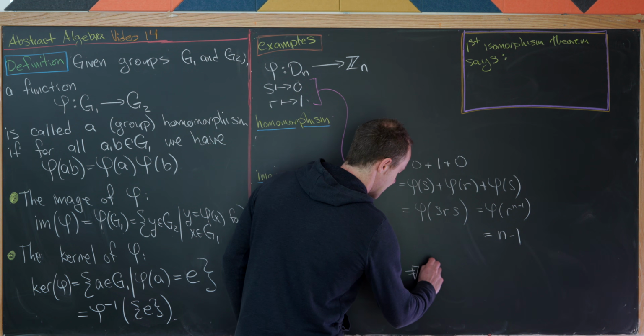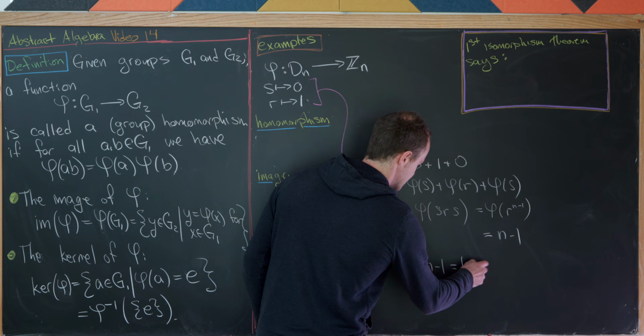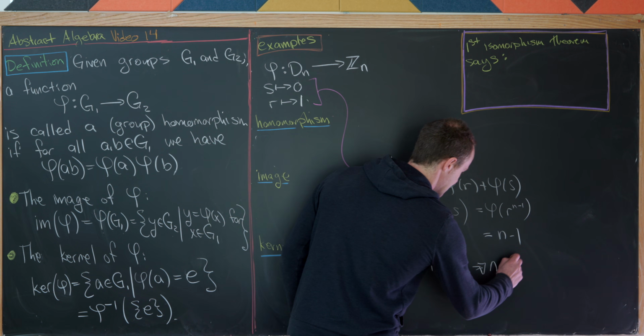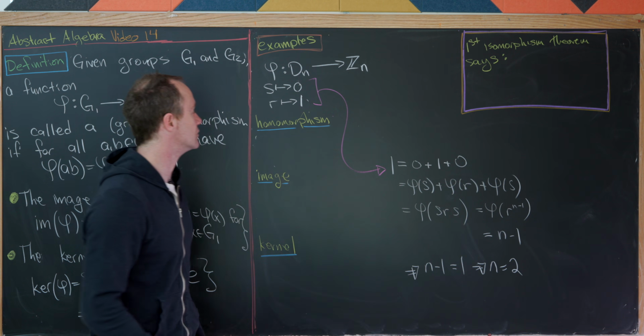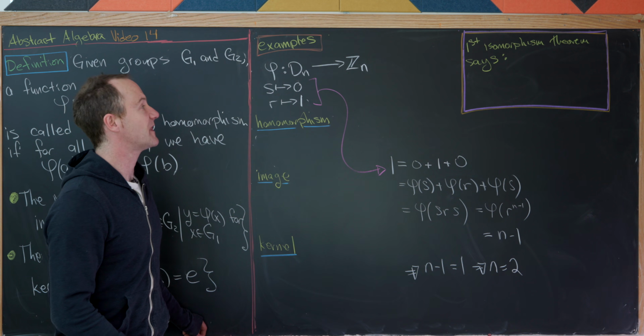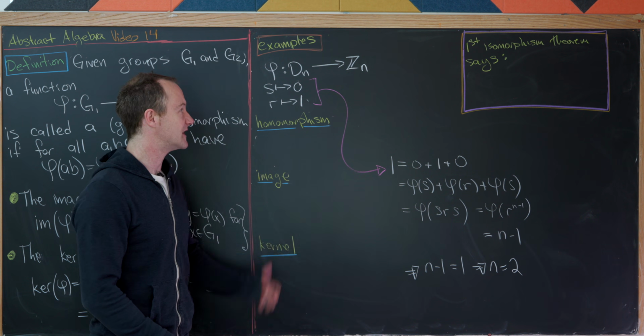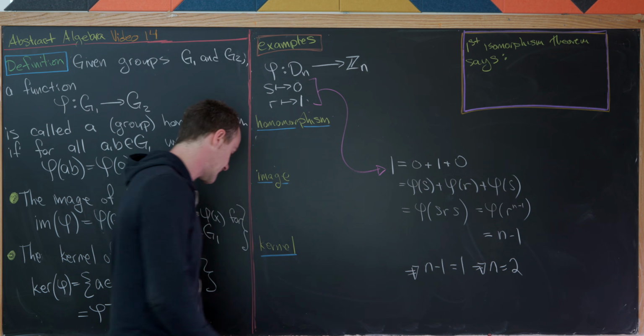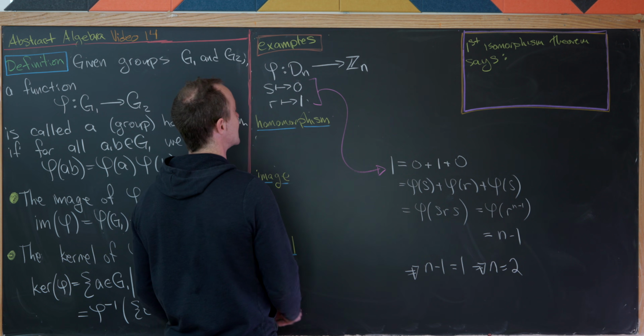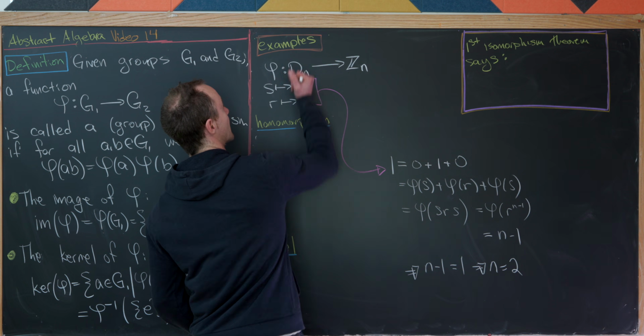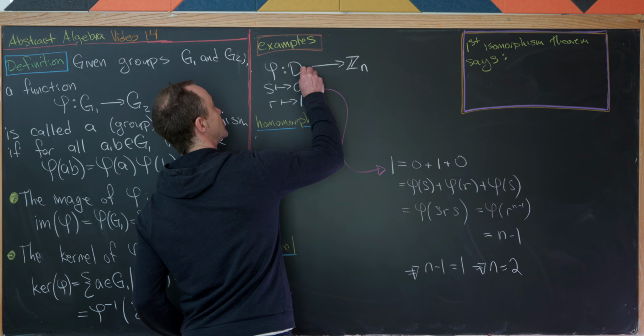So putting this all together, we get n minus 1 is equal to 1, which implies n is equal to 2. Okay, well, what that really tells us is that this is a homomorphism in one case, but the only case that works is where n is equal to 2.